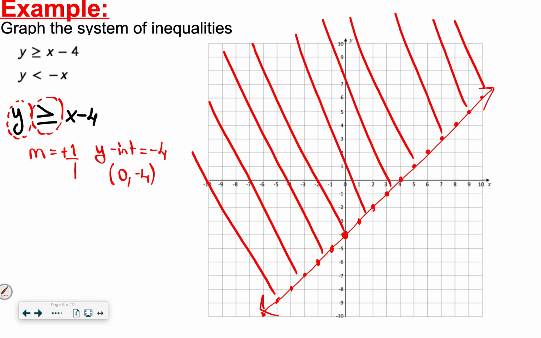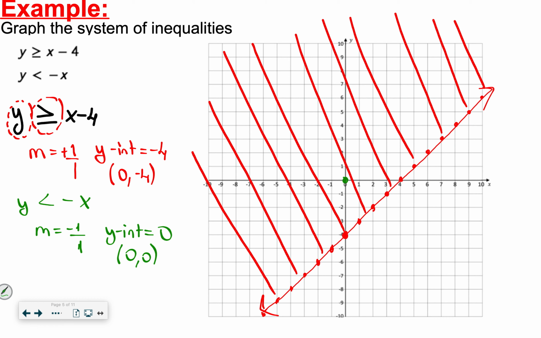Now, the second line. Y is less than negative x. From here, you can understand the slope is negative 1 over 1 and the y-intercept is 0. So you can describe the y-intercept as (0, 0) here.